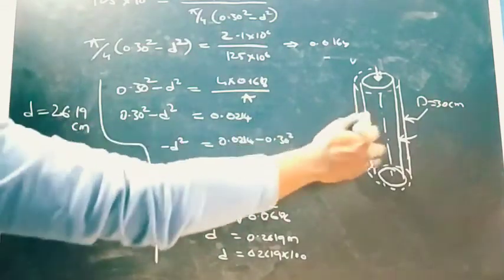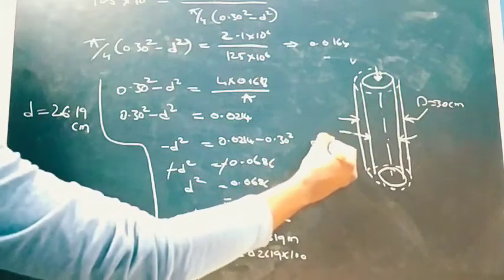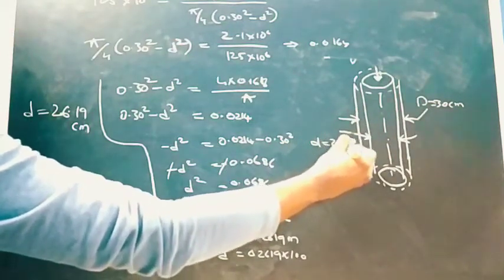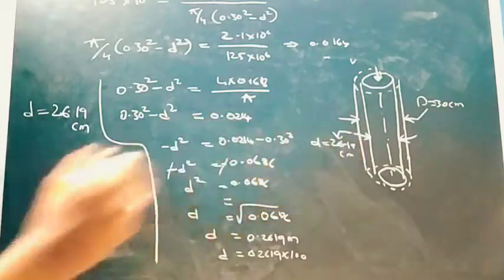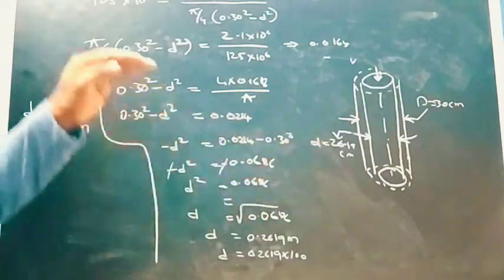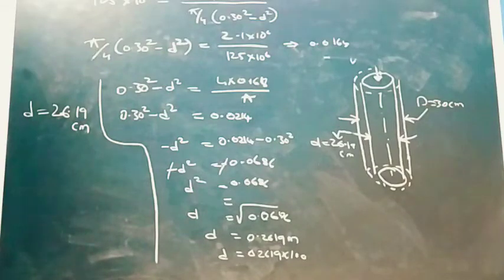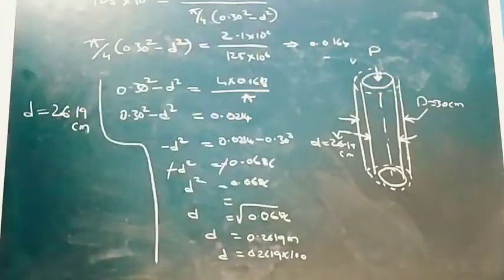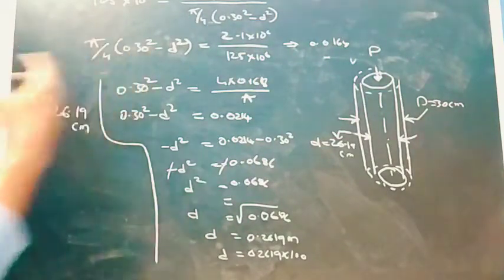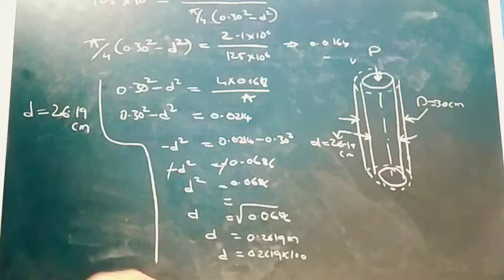So what is the internal diameter? d equals 26.19 centimeters. This is how you can find the internal diameter when stress is given as well as the axial loading P. Now we'll see another problem, number 6.